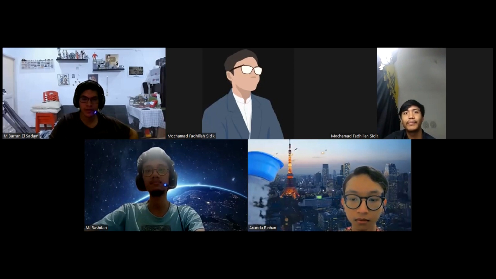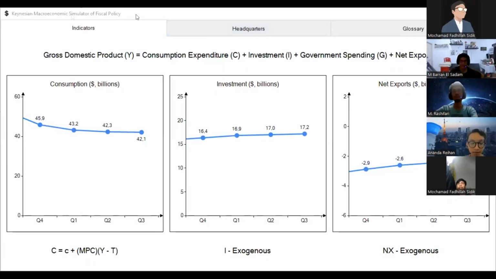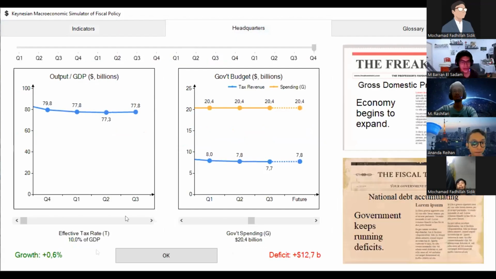Anyone else? Is there a reason why we didn't take a look at the indicators? You mean the indicators on the left tab, right? Yes, it's helpful, but for the most part, I'm not sure we really have to worry about that too much.